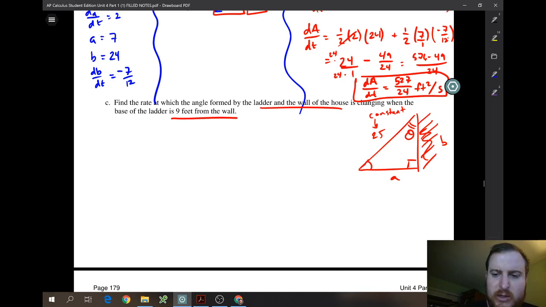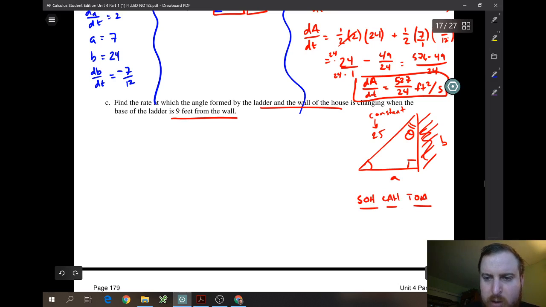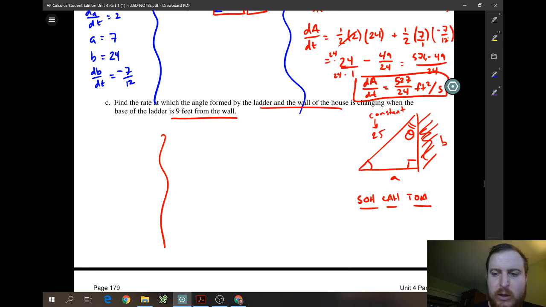So we're going to have to recall SOHCAHTOA. And you're going to pick whether you want to use SO, CA, or TOA based on what we know about. And so what we know about is we know we're definitely going to want to use one with H because we have a constant there. So I'm going to get rid of TOA.